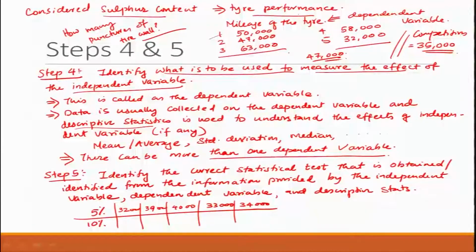These are the 5 data values you get, and for 10% you got 36,000, 43,000, 41,000, 39,000, 48,000, something like this.